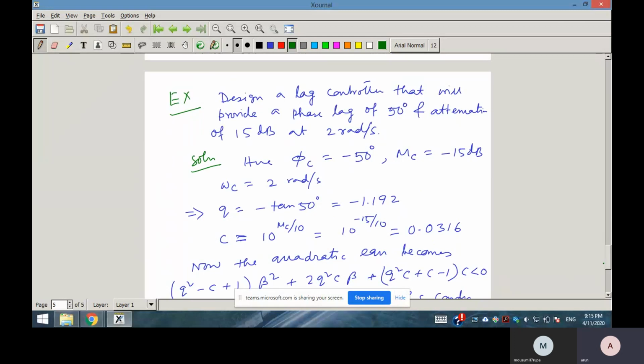Lag-lead controllers are of course second order: first order for the lag part and first order for the lead. Low order controllers are easy to implement in an analog fashion. Nowadays, because of microprocessor based implementation, even very complex controllers can be implemented in a digital processor, but earlier those things were difficult.